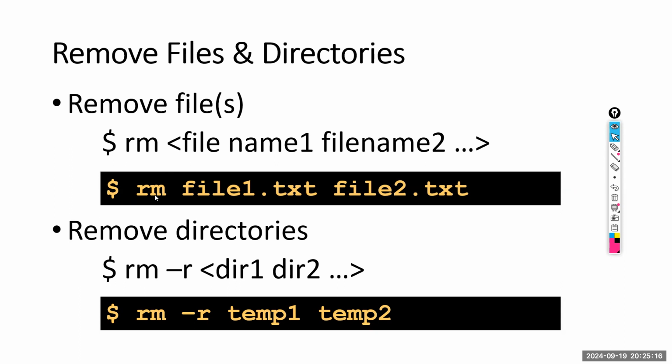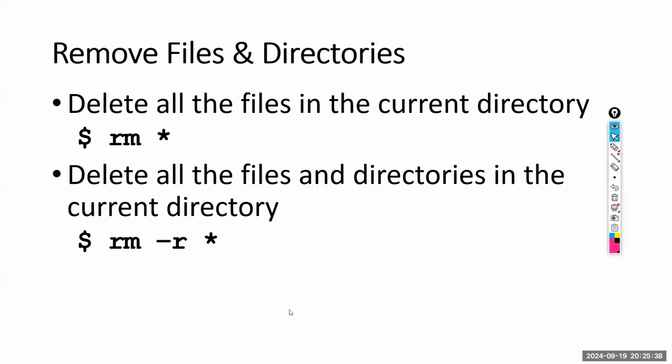And if you want to remove a file, rm, your file name or set of files. But if you want to remove a directory, if that directory contains files and subdirectories, it's a must that you use rm -r because you will delete them. Okay. So this removes all the files in the current directory.